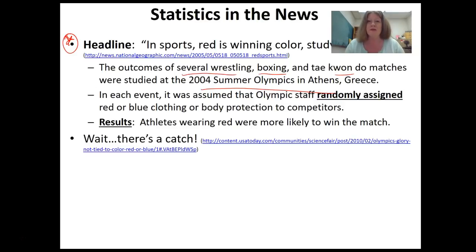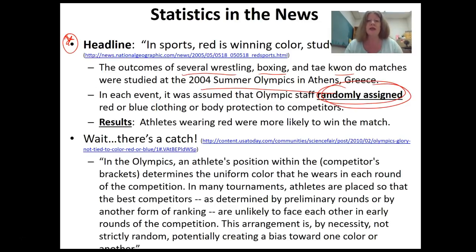But there's a problem here. And the problem has to do with the random assignment, with assuming that there was random assignment. So it turns out that actually there was no random assignment. And this is a lot here to read through, but basically some other researchers came along and they said, wait a minute, we don't really think that when we have the Olympic Games that the players are randomly assigned to wear certain colors, and there are also some issues in terms of which players are actually matched against each other in different rounds of competition.